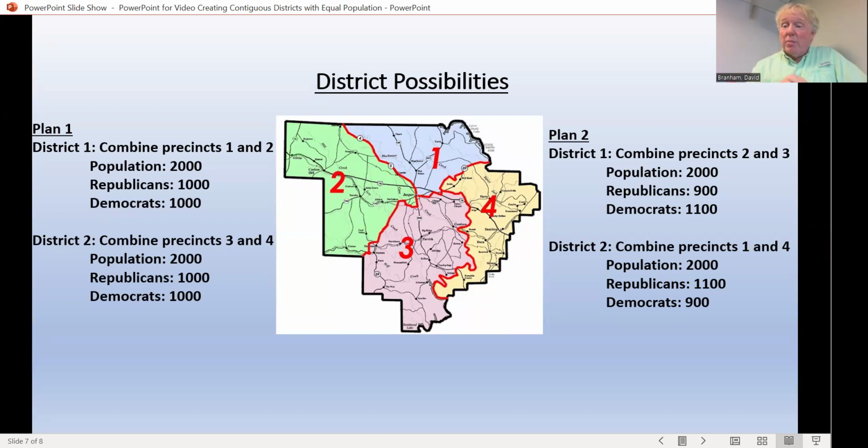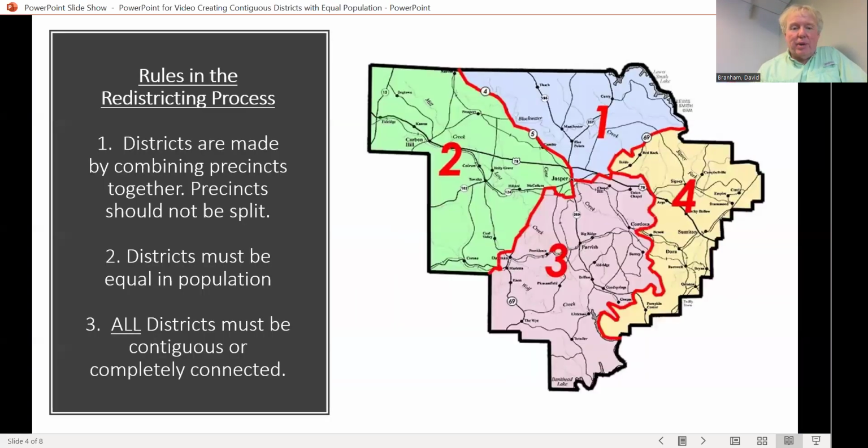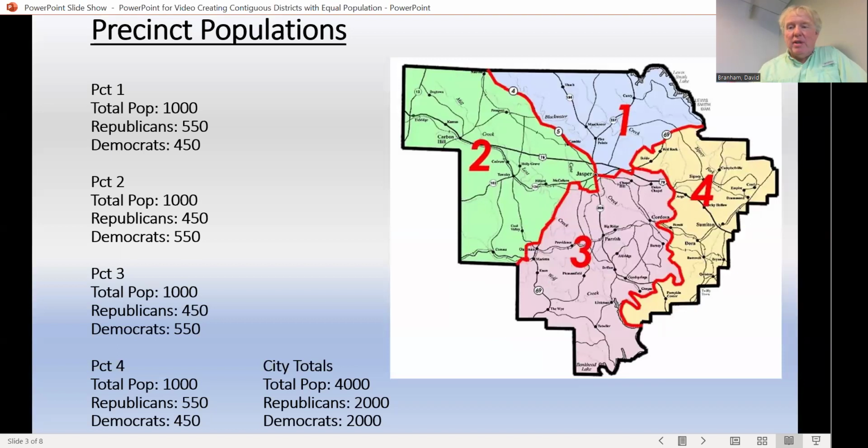On your assignment, you'll be adding the racial and ethnic populations as well as the political party populations. So be sure when you combine 2 precincts together, you simply add those populations together and make that the population of your new district.